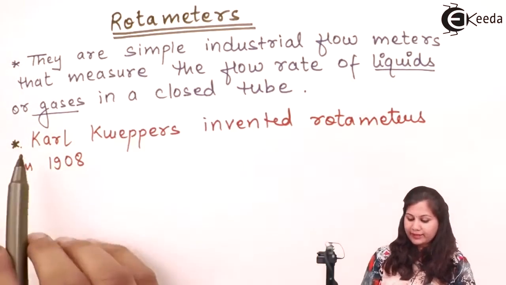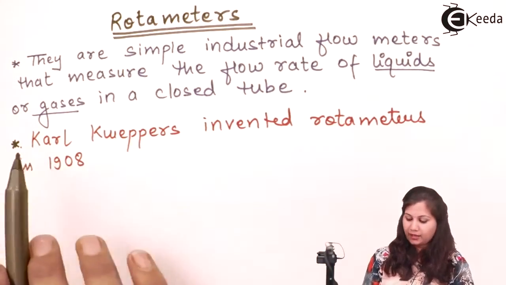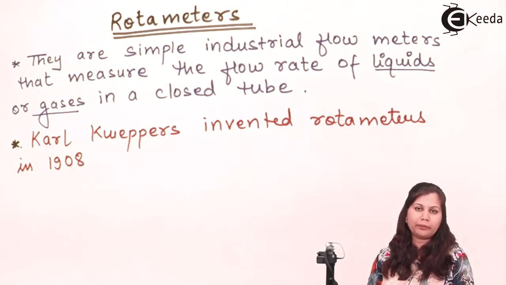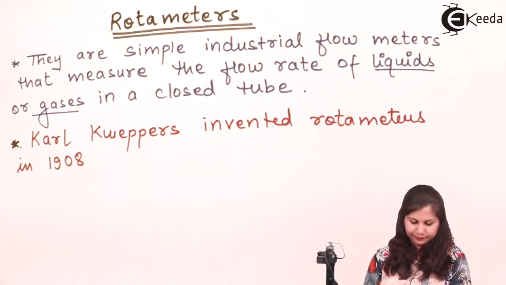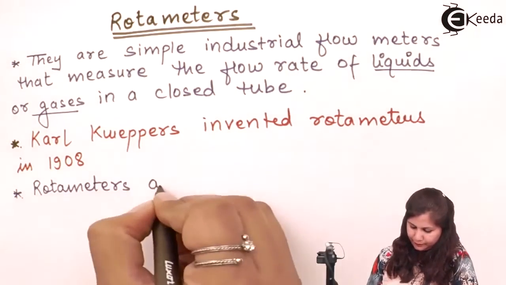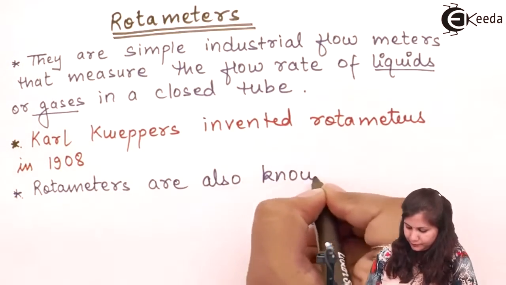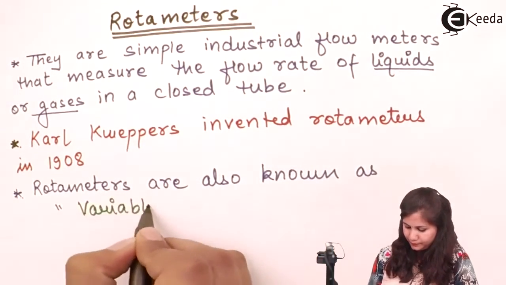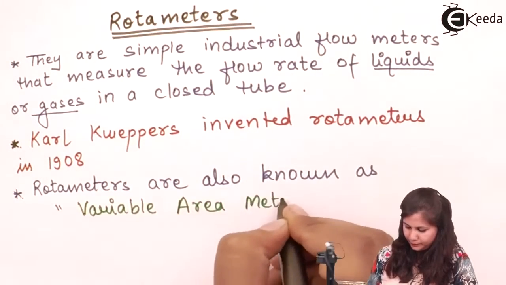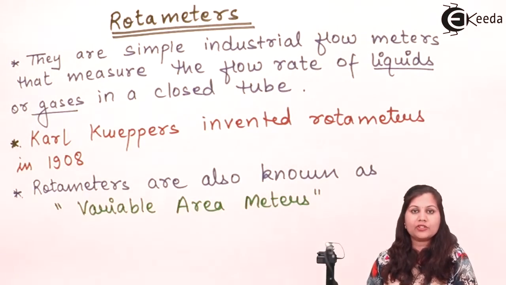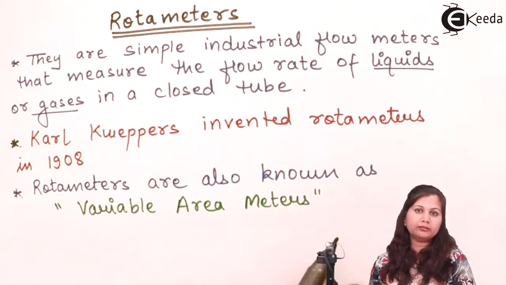Rotameters were invented by the scientist Carl Kuipers, and since then they are being widely used for the measurement of flow rate. Now the rotameters come under the class of devices which are known as the variable area meters.